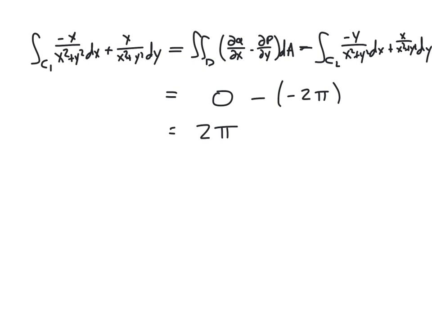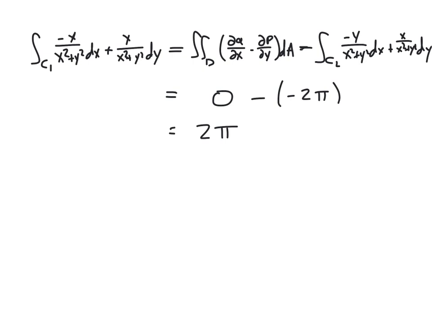And so in a lot of cases, one of the main uses for Green's theorem is that we can compute integrals of vector functions over curves without actually knowing a parameterization for the curve. In this case, because we knew it contained the origin, we were able to remove a circle around the origin of some radius, and we were able to use the fact that we know a parameterization of a circle in order to compute this desired integral.